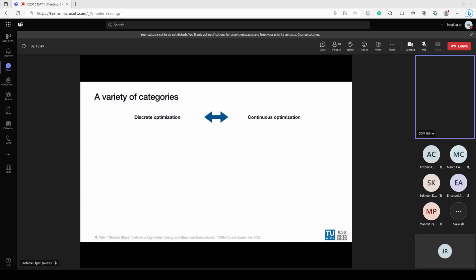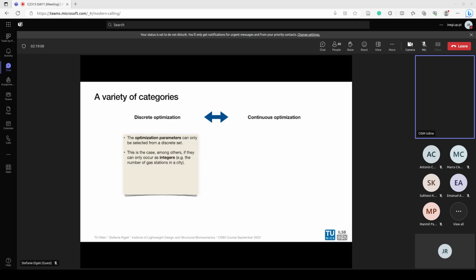So let me speak about categories of optimization problems. This is basically about terminology. So we can differentiate between discrete optimization and continuous optimization.